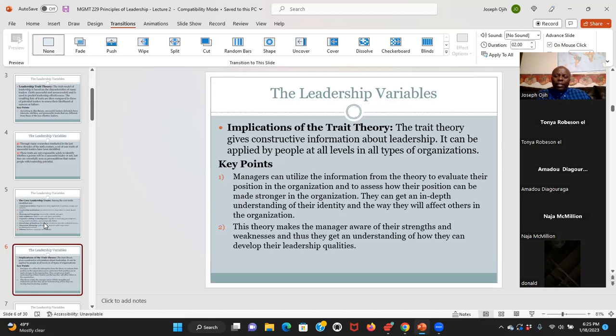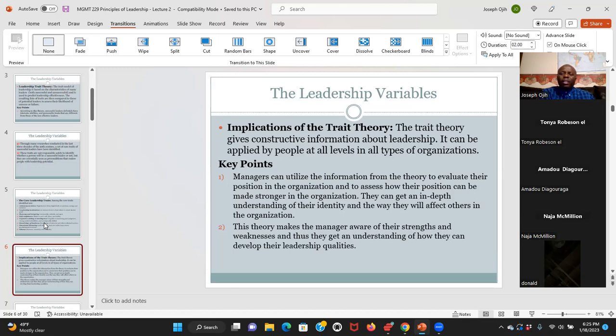By applying the trait theory and using it to evaluate their position, managers in the organizations I mentioned can get an in-depth understanding of their identity and the way they affect others in the organization.